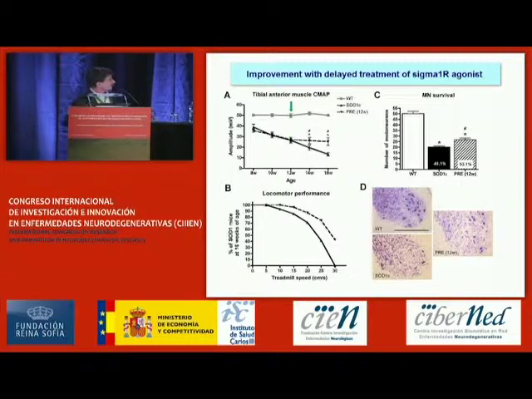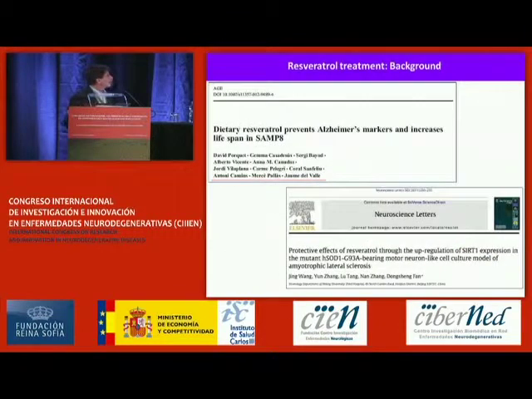There was still some preservation of the motor neurons in the spinal cord, but less than when we started the treatment earlier. So this really points to the need for early diagnosis, even pre-symptomatic diagnosis in the patients, and eventually very early treatment to protect the loss of motor neurons.